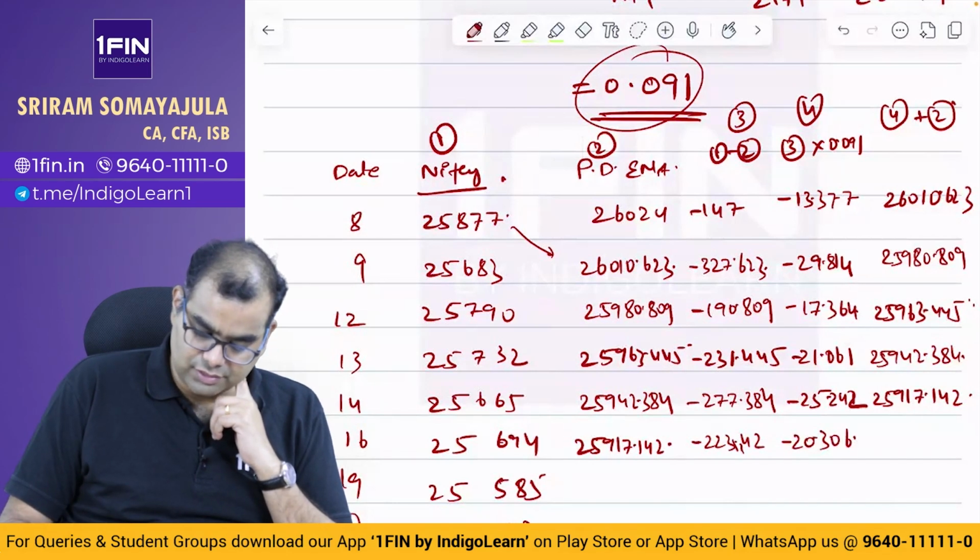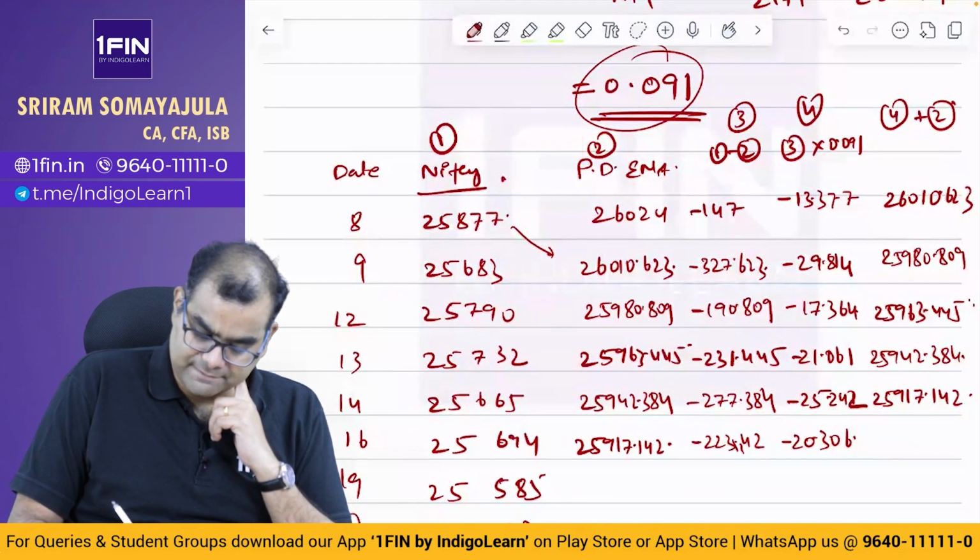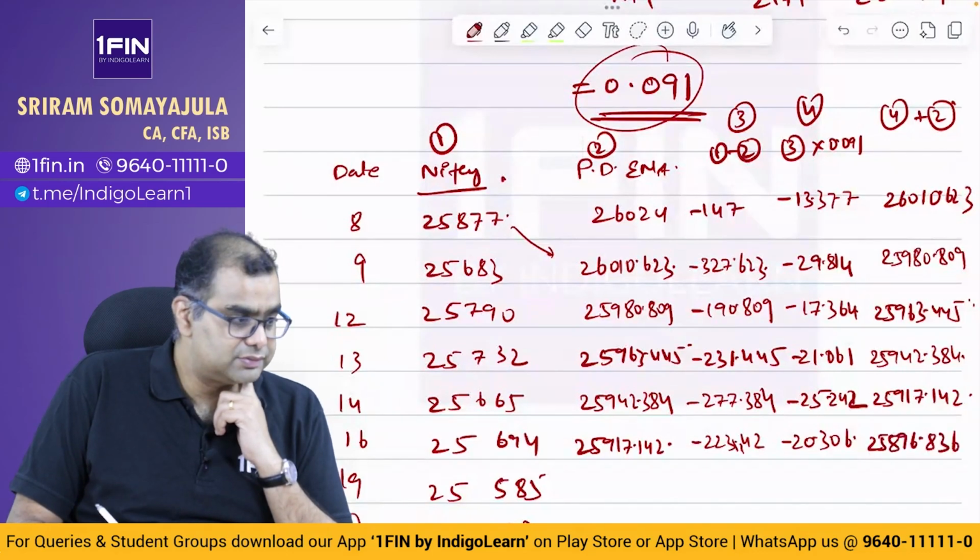Okay, 25917.142 minus 20.306 is equal to 25896.836.